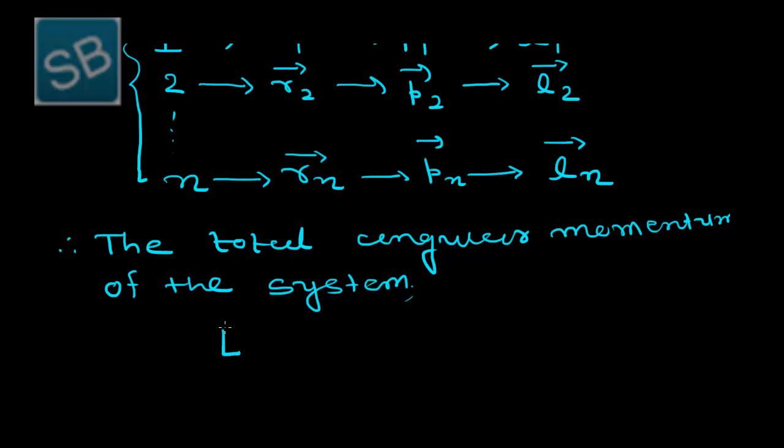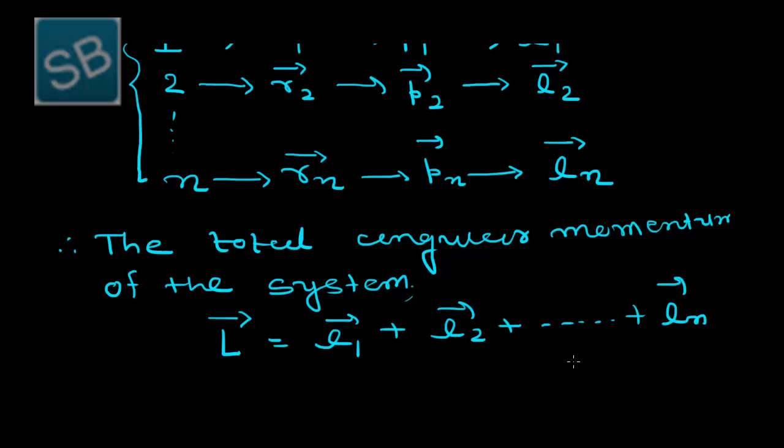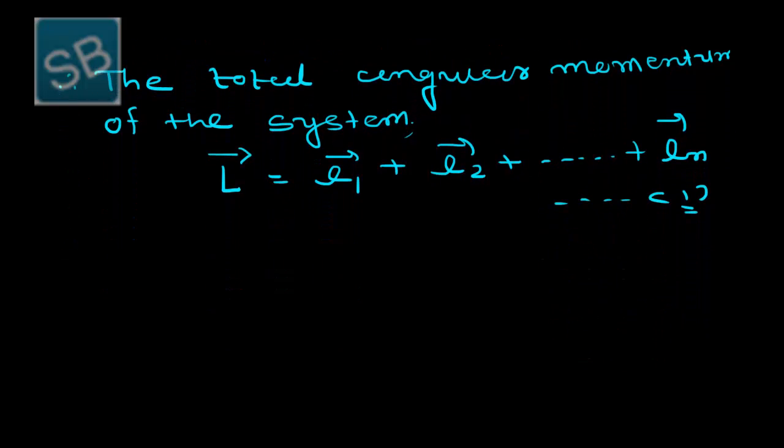I am denoting this total angular momentum as capital L. So this will be L1 vector plus L2 vector plus so on up to Ln vector, and this is your first equation for this analysis. Now what I am doing, I am differentiating this equation with respect to time.